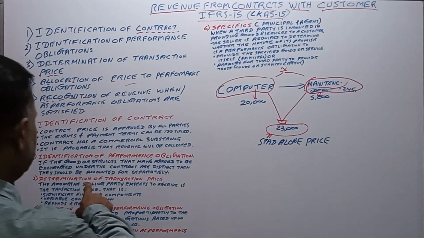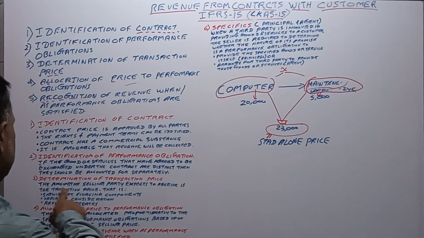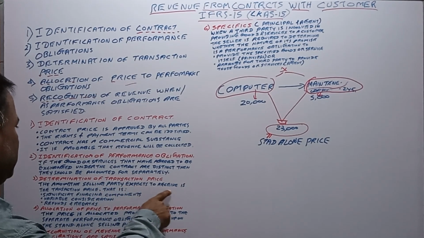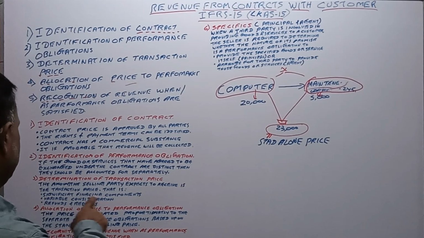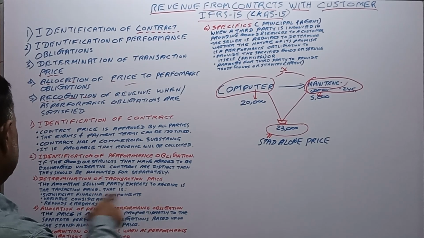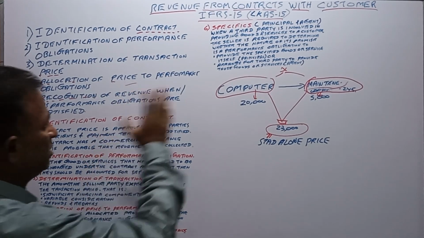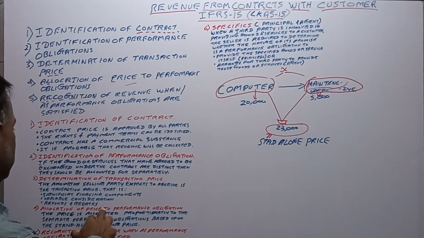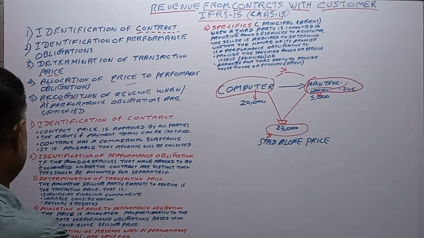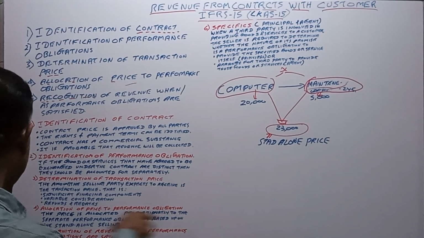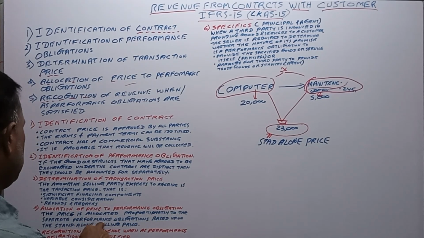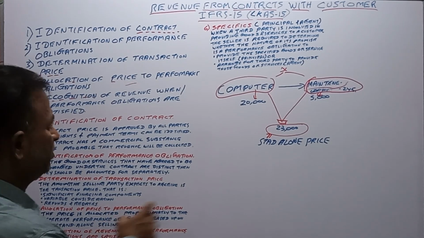First, determination of transaction price: the amount the selling party expects is the transaction price, that is significant financing components, variable consideration, refunds and rebates, that is earlier. Allocation of price per performance obligation: the price is allocated proportionately to the separate performance obligations based upon the standalone selling price.